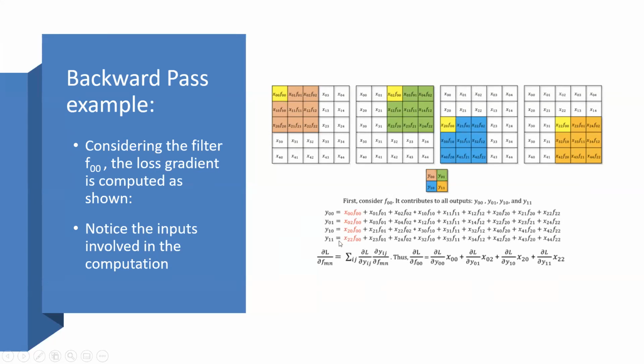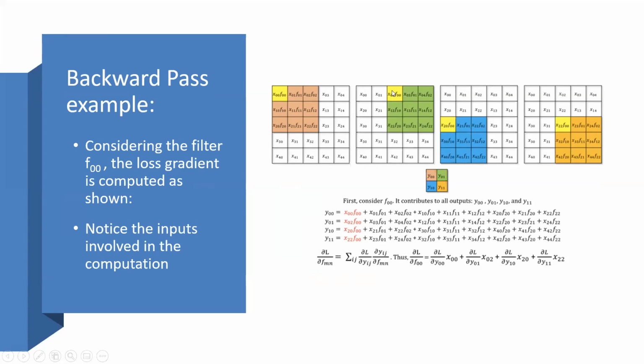So to compute the loss with respect to f00, we sum the loss gradient of y00 with x00, plus the loss gradient of y01 with x02, plus the loss gradient of y10 times x20, and so on, until we sum all of them to get the loss gradient with respect to f00.